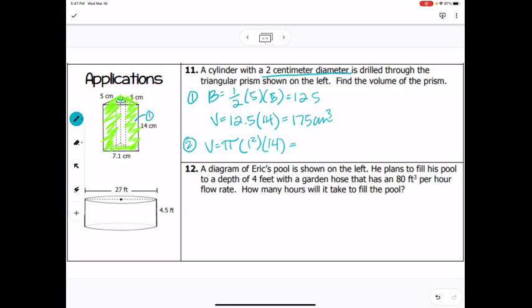And that gives us approximately 43.98 centimeters cubed. And now for my final volume, I will take that 175 minus 43.98, and that gives me 131.02 centimeters cubed.